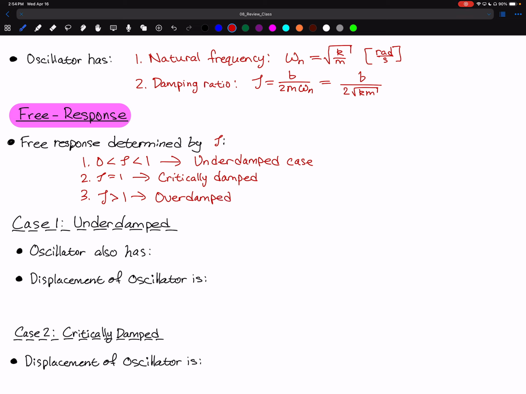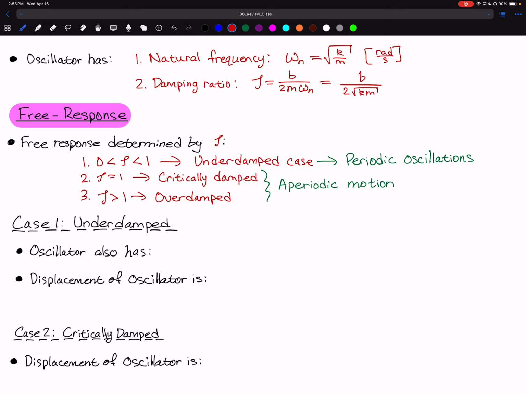And I didn't include here when zeta is equal to 0, which is the undamped case. So the underdamped case is the only one that leads to periodic oscillations or vibrations. And in the other two cases, these lead to aperiodic motion without any oscillations.